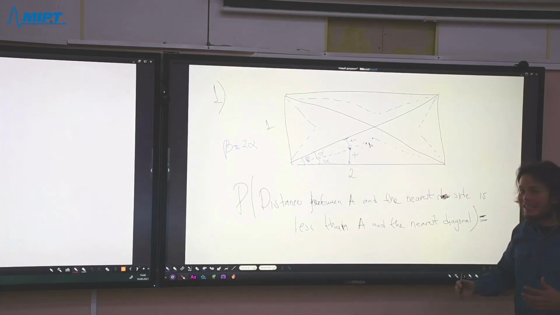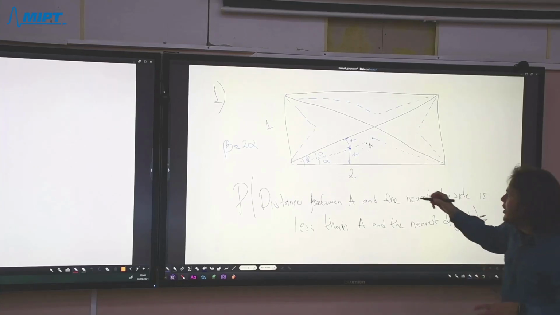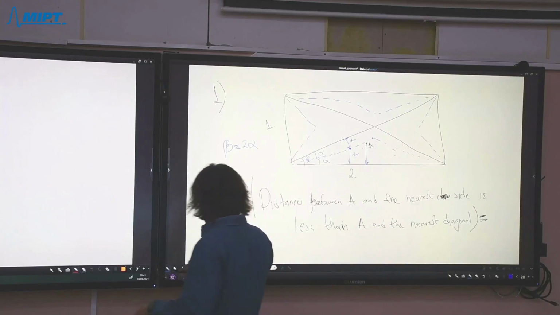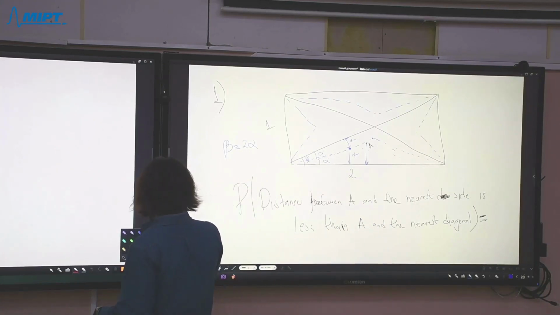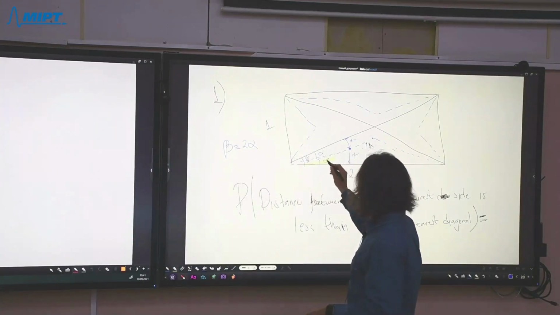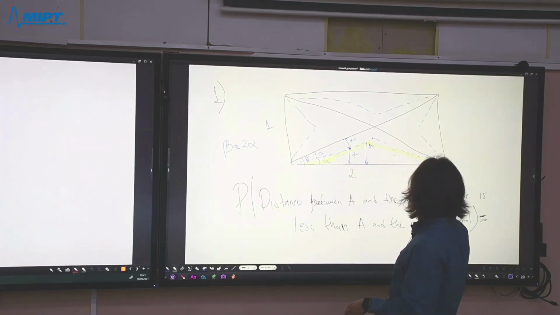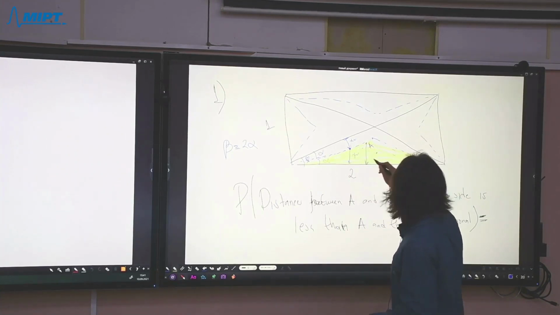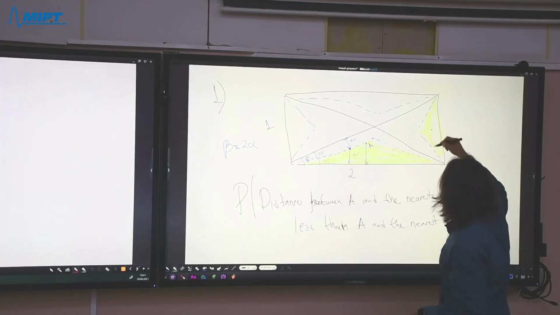So we need the area where a point is nearest to the side. So all the points over here. We care about this area. This area should be 2 multiplied by 1, over 2. Yeah, so this area.